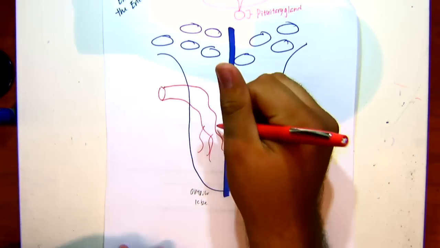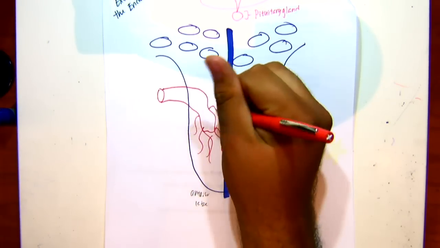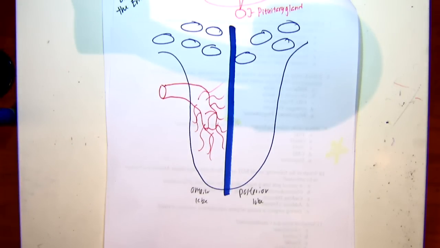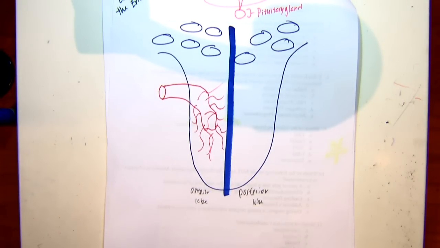It's basically a little blood vessel system that connects the hypothalamus directly to the anterior lobe. So whenever the hypothalamus wants to get something done, the anterior pituitary gland will do it.